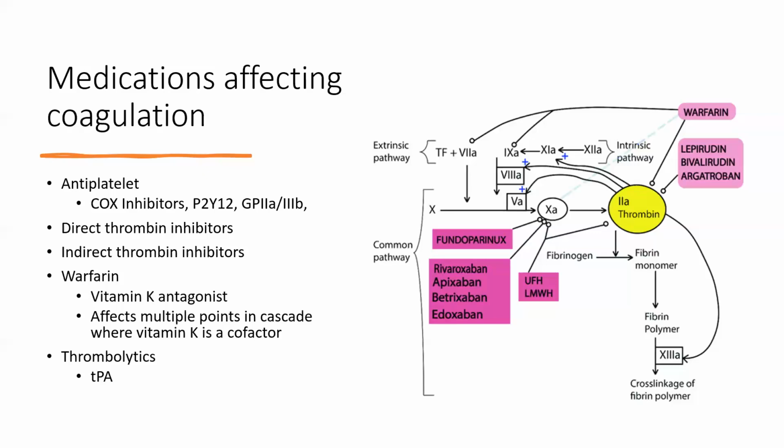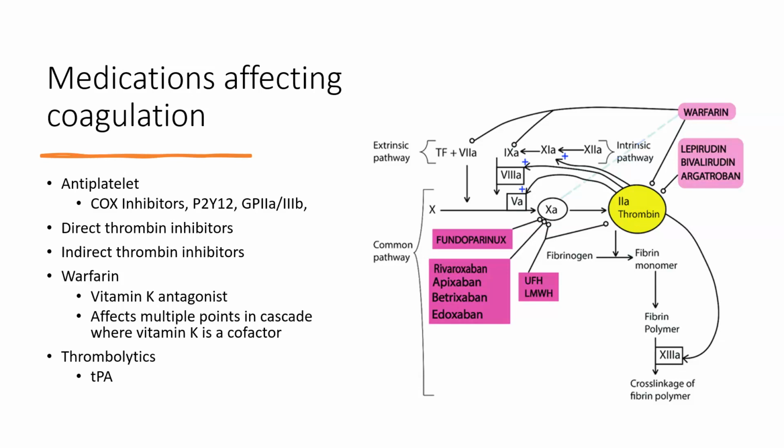So indirect inhibitors like apixaban, rivaroxaban, even low molecular weight heparin or Lovenox, and unfractionated heparin are all going to indirectly inhibit thrombin and affect the clotting cascade there.